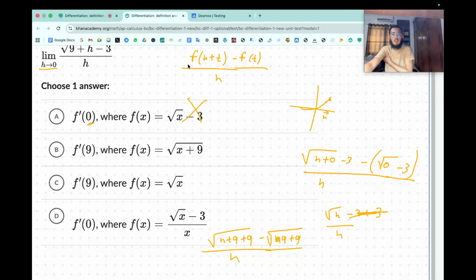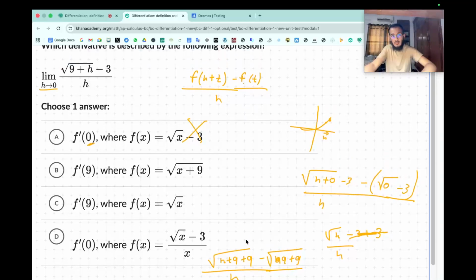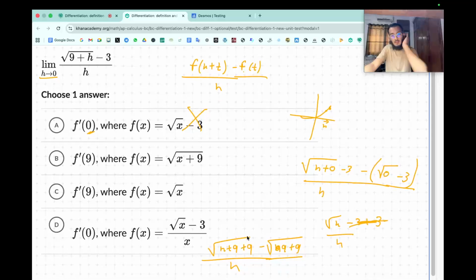So we plugged in h plus t, h plus 9 here, and then minus f(t), so basically f(9) here. So 9 plus 9. Again, this doesn't help because we need to get rid of this 9. If we can get rid of this 9, then it would match exactly here. Root 9 would become 3. So if we get rid of this 9, we're left with this option, and that's it. C is our answer.